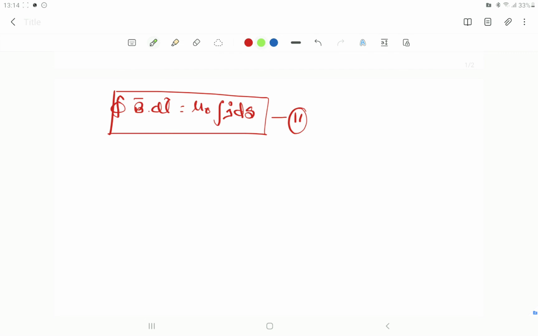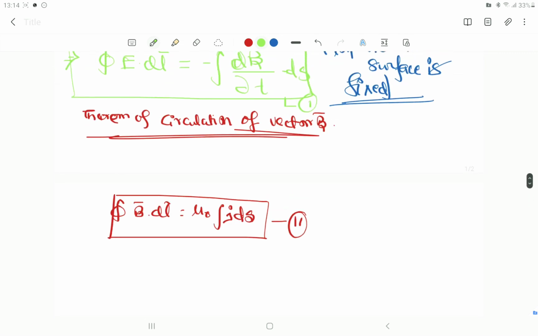So here the role of the J vector is played in this case by dB by dt, and in the other case it's J. So now we can draw our final conclusion that if we go from the differential form, then it will be curl E equal to minus dB by dt.